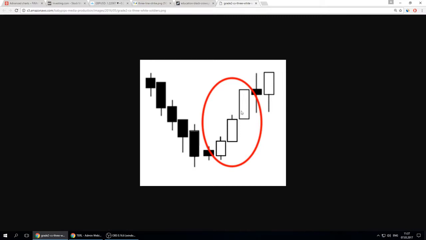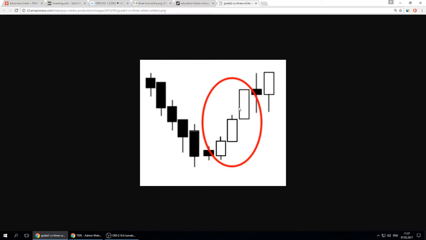The description of these candles should be basically the same as for 3 black crows, but opposite. Each candle should start within the body of the previous one, it shouldn't have long shadows, and the body of the candle should be relatively long.